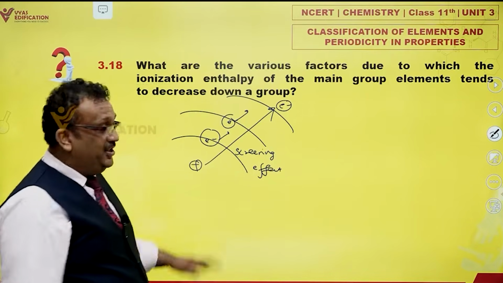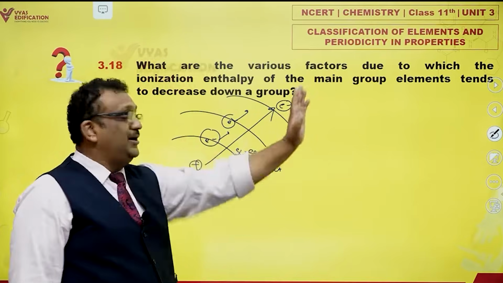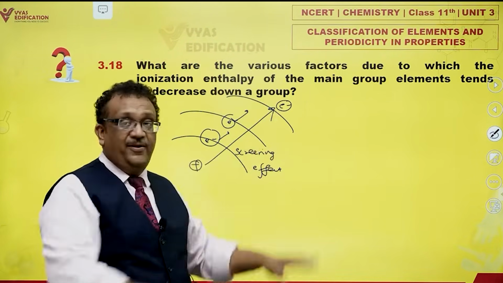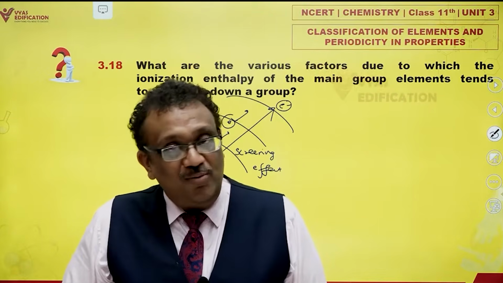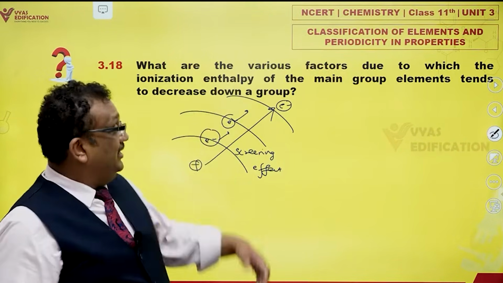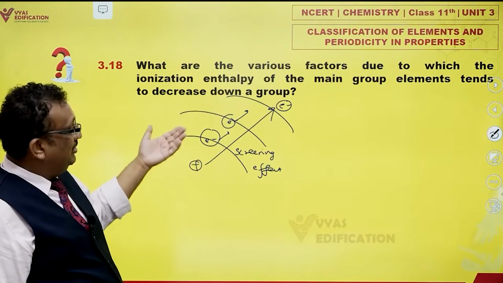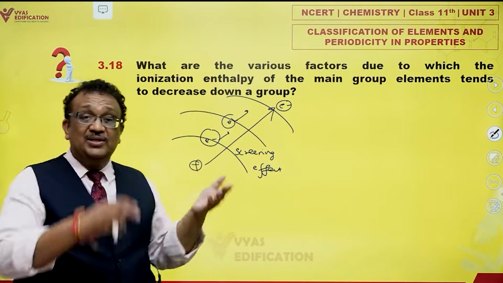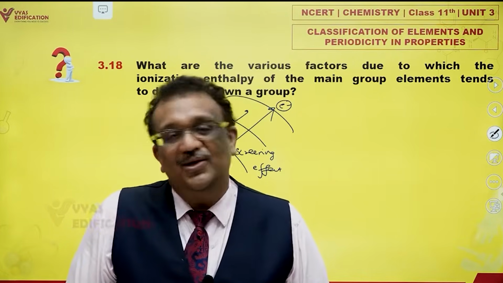They screen the outermost electron from the nucleus charge, or they repel that outermost electron, they try to push it away, and that also tends to make the removal of outermost electrons somewhat easier, and that is the reason due to which ionization enthalpy of main group elements decreases on moving down the group.